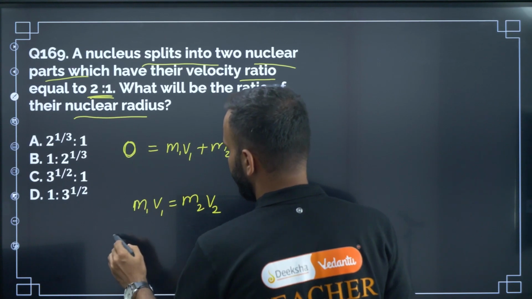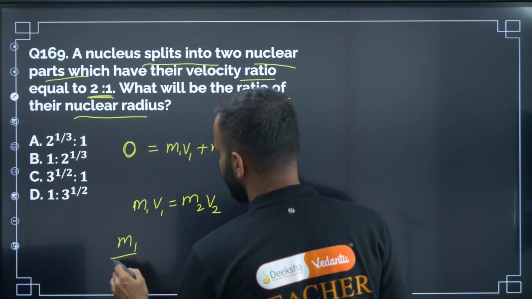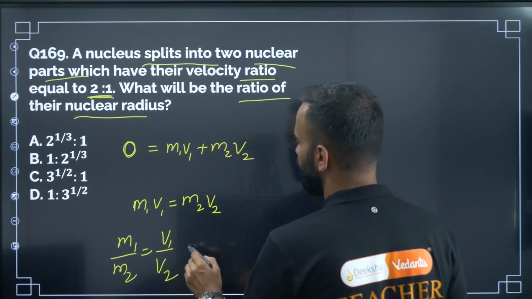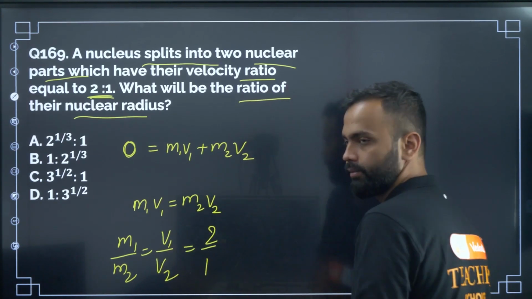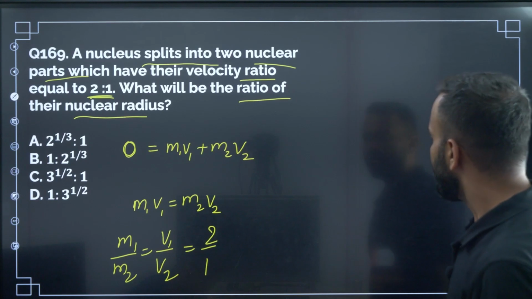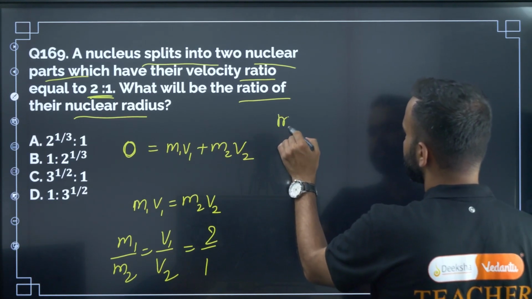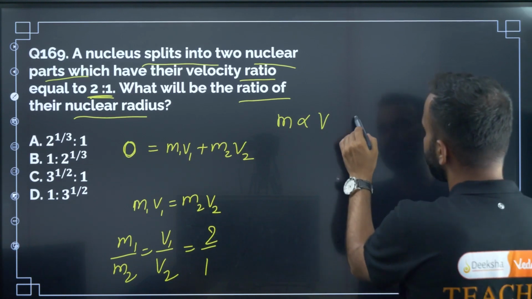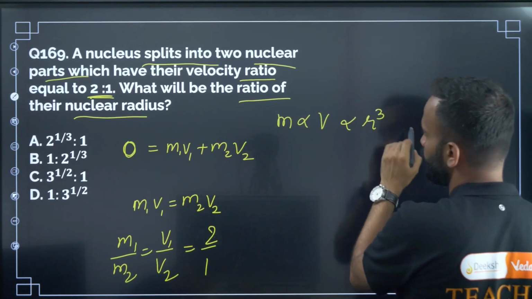So m1/m2 = v1/v2 = 2/1. We know that mass is directly proportional to volume, and volume is directly proportional to r cube.